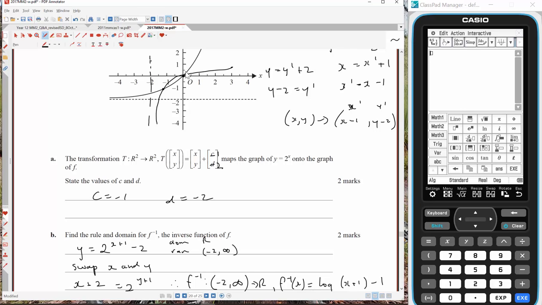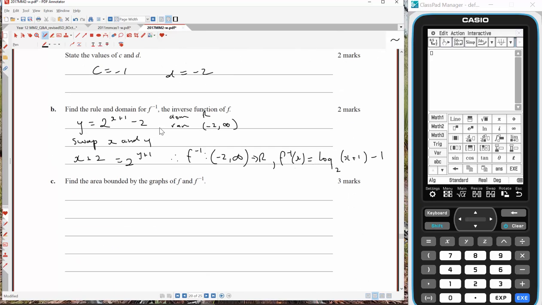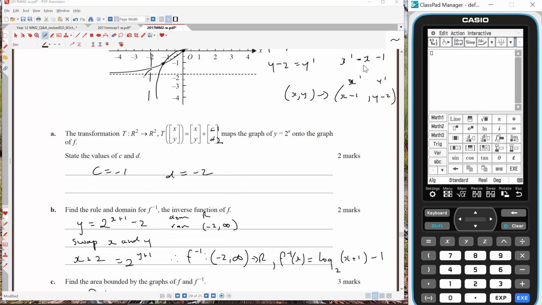So this will be f-1, this will be f of x, and we'll basically run along the line y equals x, which is where a function will intersect with its inverse. So we'll solve f of x equals x for x, and that will give us the terminals that we use for our integral problems.